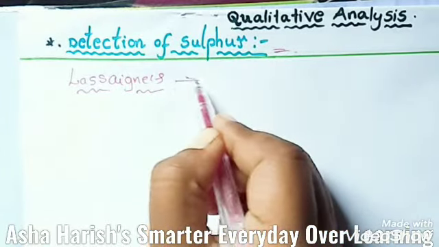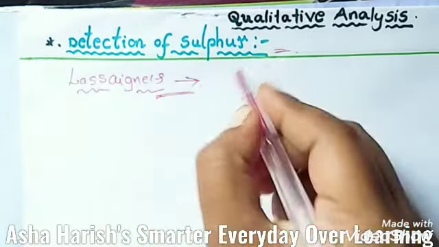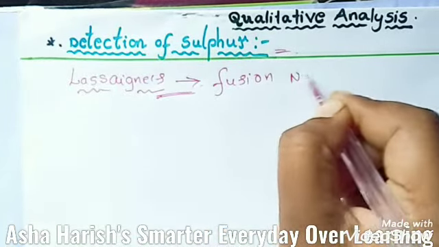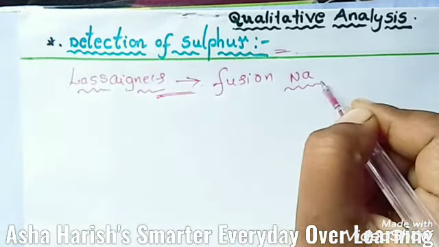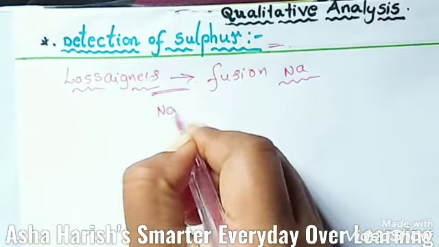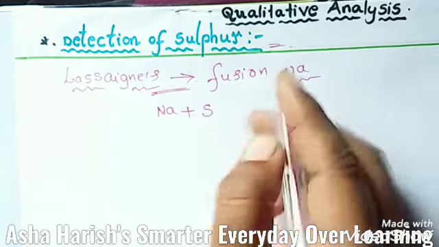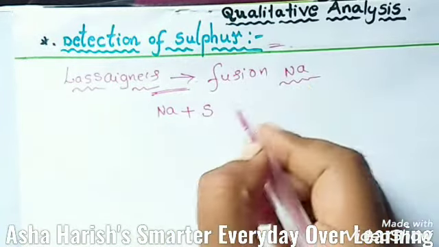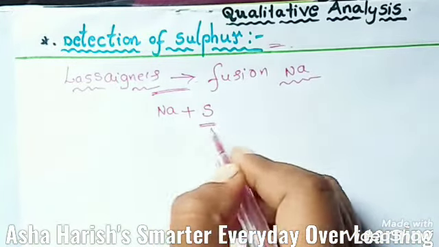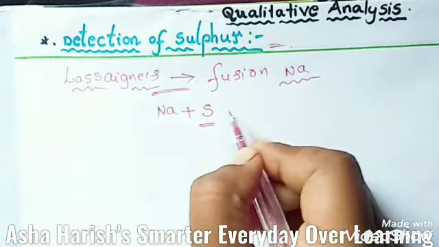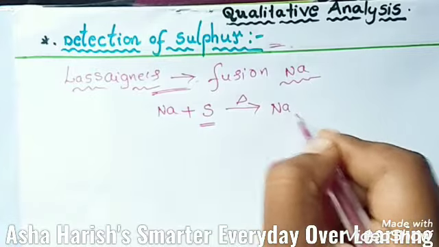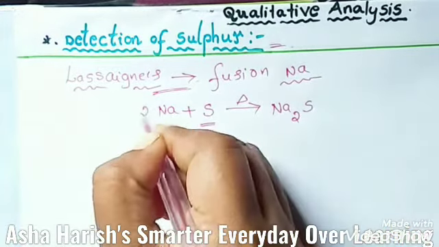If sulfur is present in the organic compound, then on fusion with sodium metal, sodium sulfide will be formed. To this sulfur-containing organic compound, if you add sodium metal and heat, then Na2S is formed.